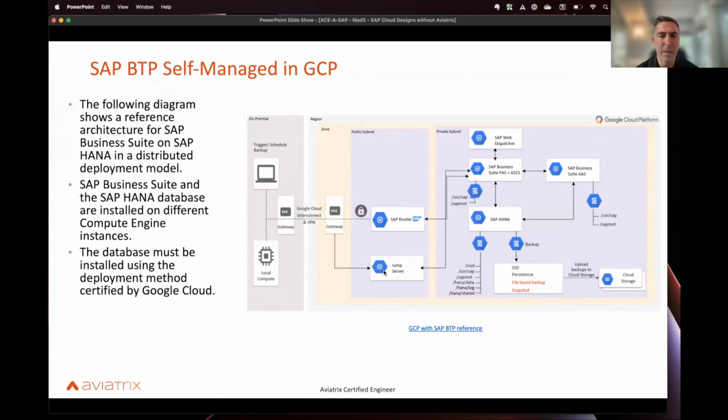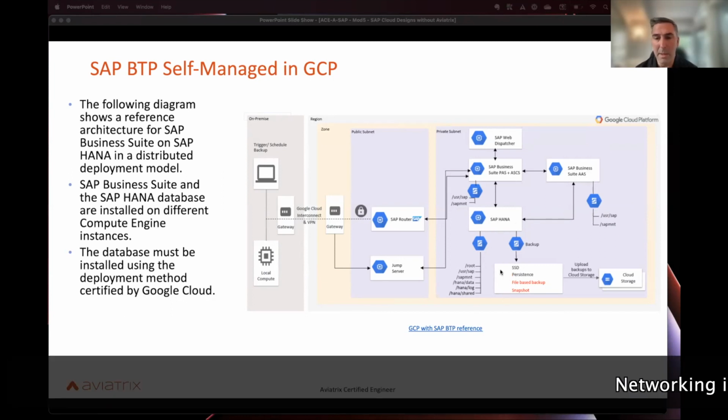You have your SAP router or your jump server, and then you have your private subnets with your primary application server, or your ABAP central server, and these types of business suite applications with your additional application servers to your right. And then HANA sits in here with a persistent backup with your drives and your storage behind it.